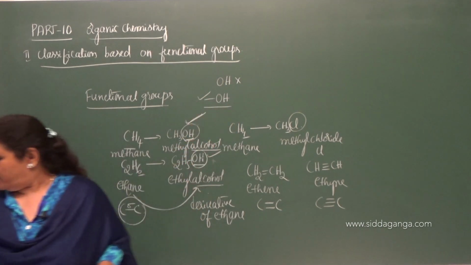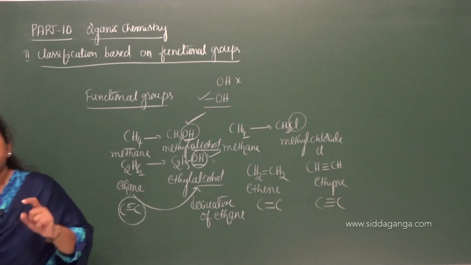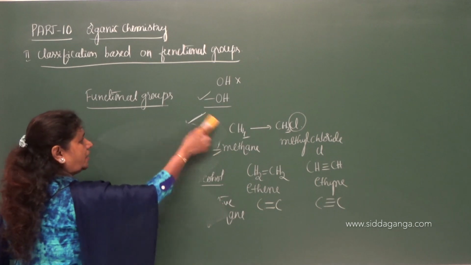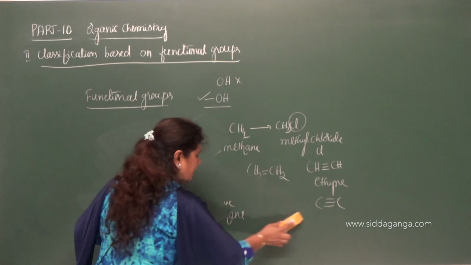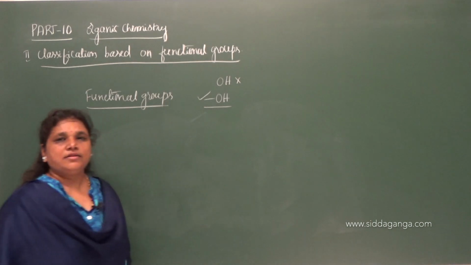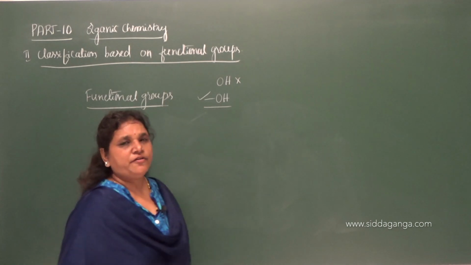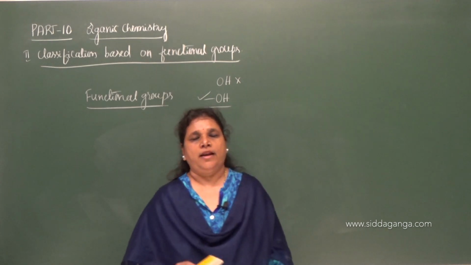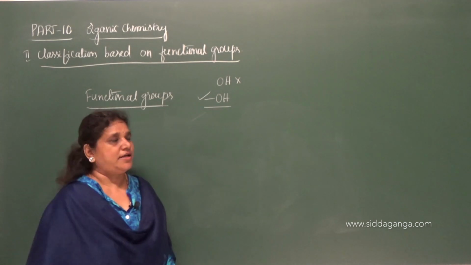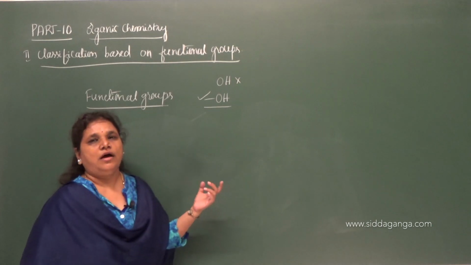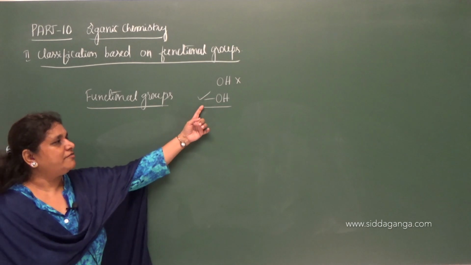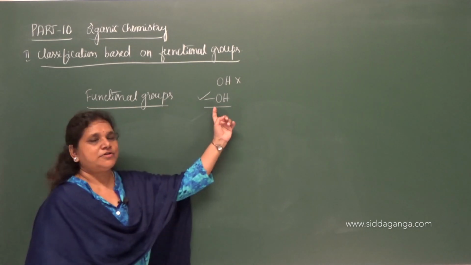Okay. Now, what are the types of these functional groups? So first, how do we define a functional group? I'll repeat. It is an atom or group of atoms which determines the complete properties of organic compounds. How to write the functional groups, how to indicate them?